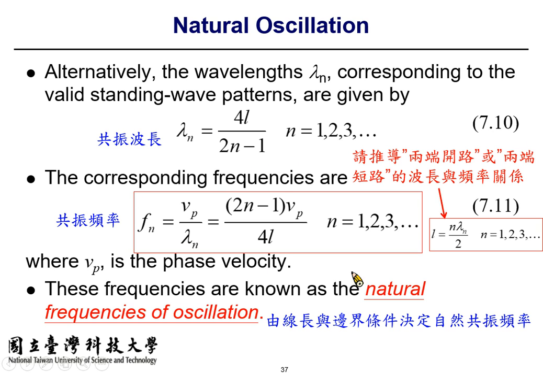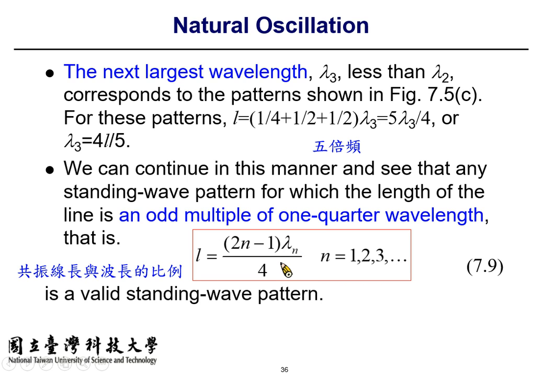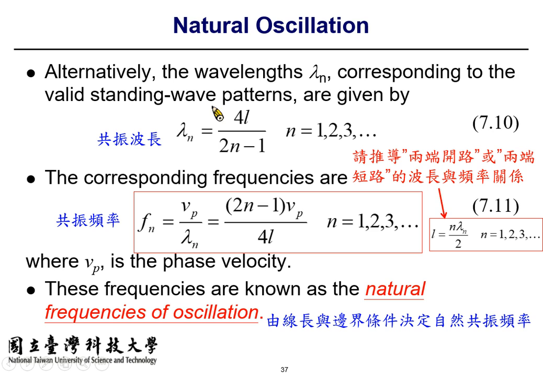This equation can be massaged a little bit, so basically this is the same equation. If you massage that equation, you can express the wavelength of those modes in terms of the length. As you can see, when n increases, the wavelength will become smaller and smaller.